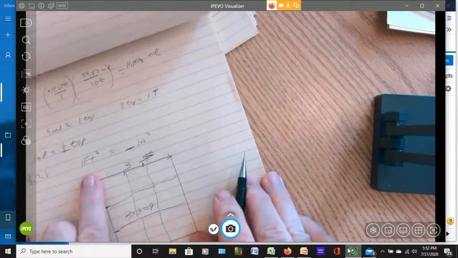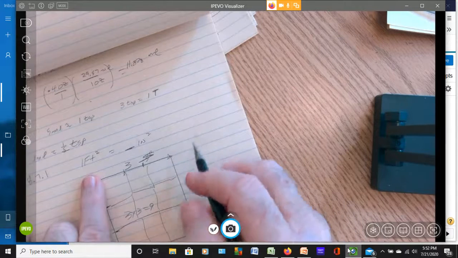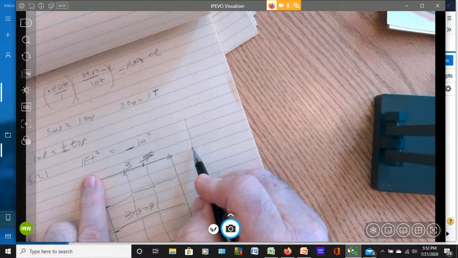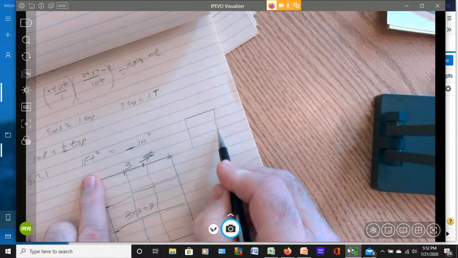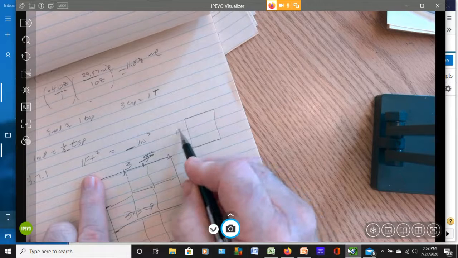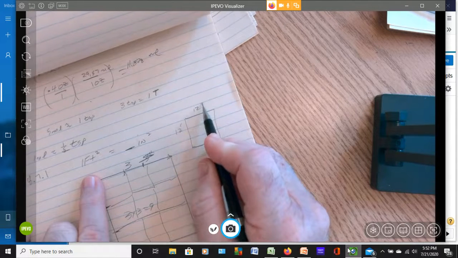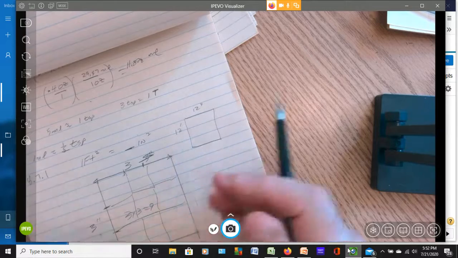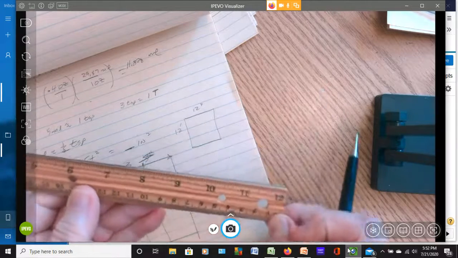All right, so now take this problem. What if we had a square that was 12 inches by 12 inches, which would be 1 foot by 1 foot, right? Remember now, 12 inches is a foot. This is a 1 foot ruler.